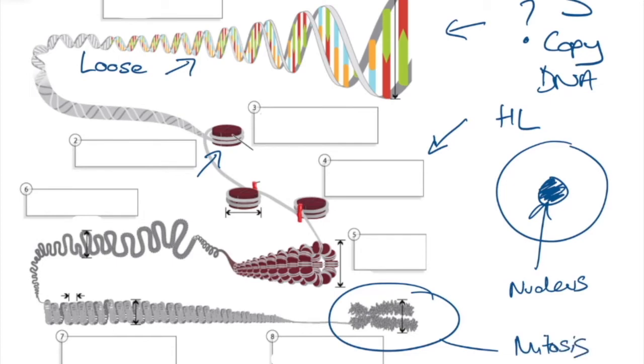So as a quick recap, we've got the simplest level, which is chromatin. Chromatin is our double-stranded DNA around our nucleosomes. So we've got here DNA complexed with histone proteins to form nucleosomes. We've got DNA in between those regions as well, just the DNA in between.